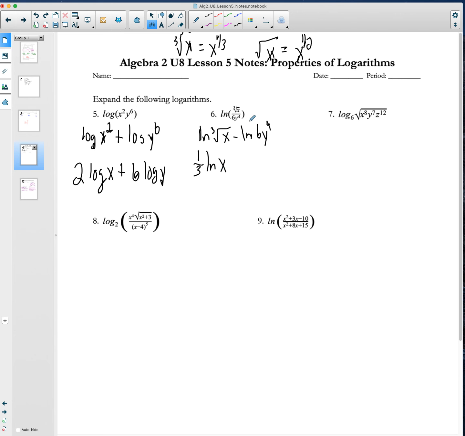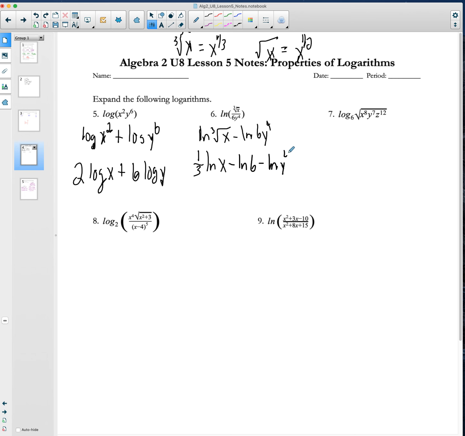Now, before I can get to this power, I have a product. So you have to do the overriding property first, which is the product property. So I need to separate these two. Now remember, these are both behind the subtraction sign, so that's going to be natural log of 6 minus the natural log of y to the 4th.